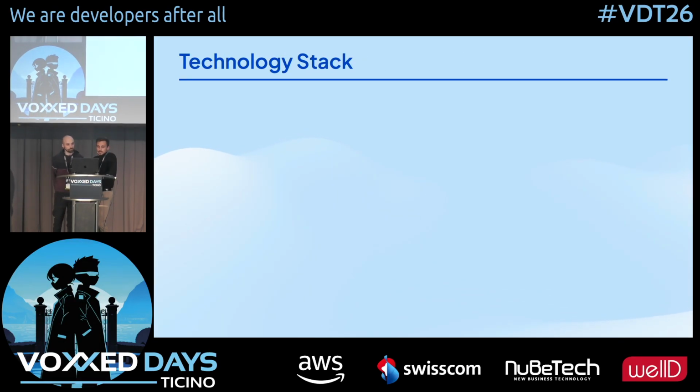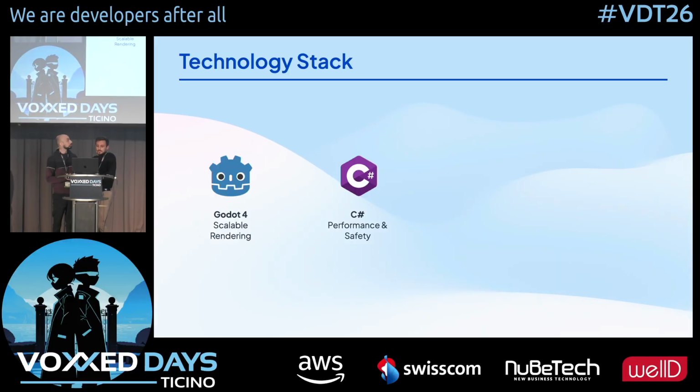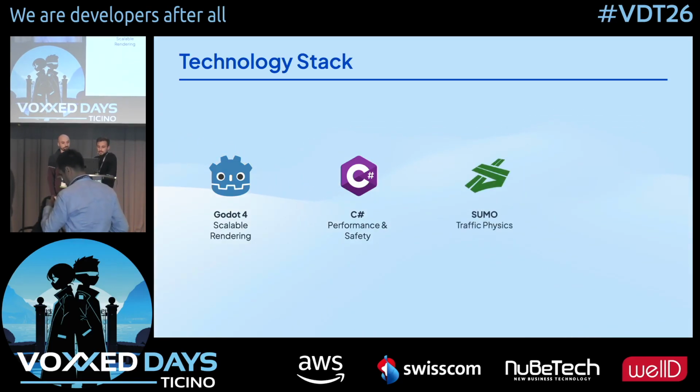Before the demo, let's see again the technology stack that we used. We use Godot for the rendering part, to see the UI, the roads, and the vehicles, and C# to call the SUMO APIs, using Libsumo to communicate with SUMO, which is the core of the simulation that moves vehicles around the roads.